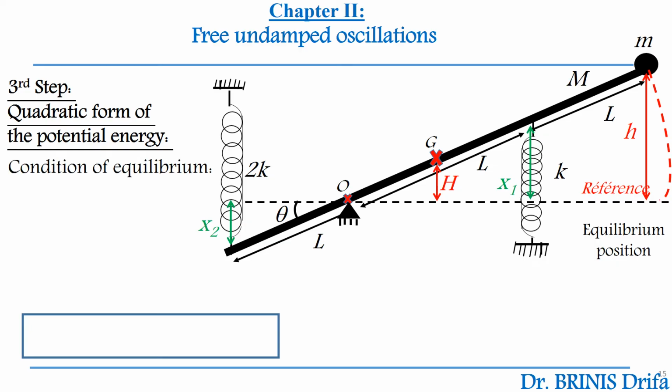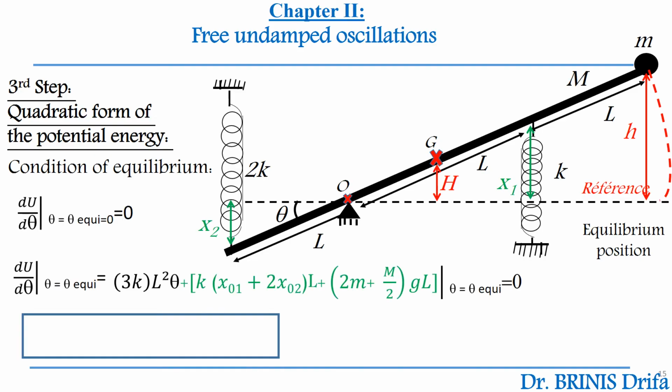The condition of equilibrium, I explained it already: dU over d theta equals 0. In our expression of U total, I derived it and replaced theta with theta equilibrium, which is equal to 0 in our case, and I get this expression of the equilibrium condition.